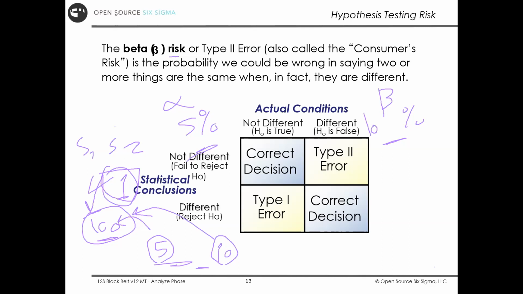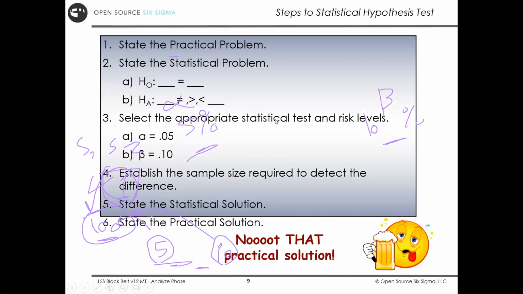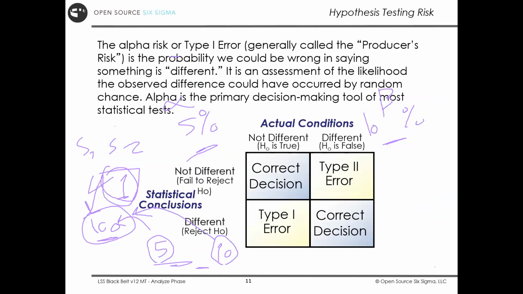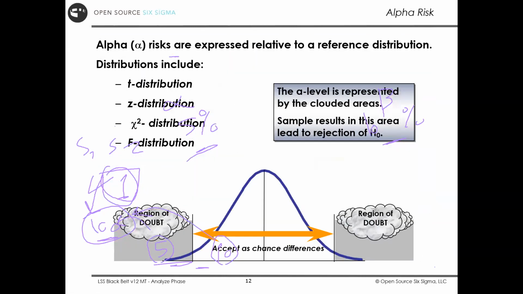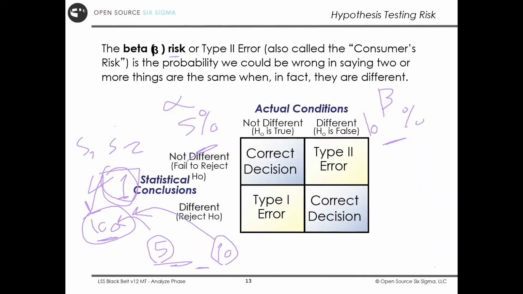And this is what was written here in the steps. If I get here, alpha 5%, beta 10%. This is fixed in the settings of Minitab and SPSS. So to sum up, all you have to do is translate or interpret the p-value you get based on the criteria we set.